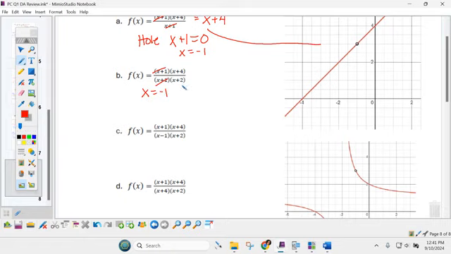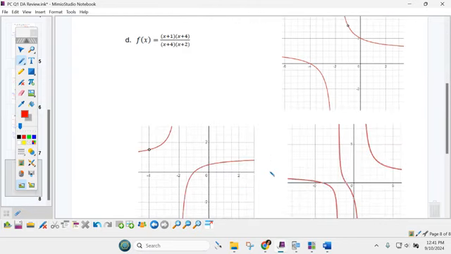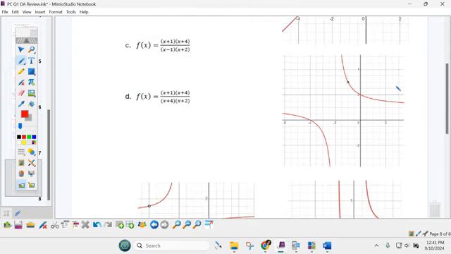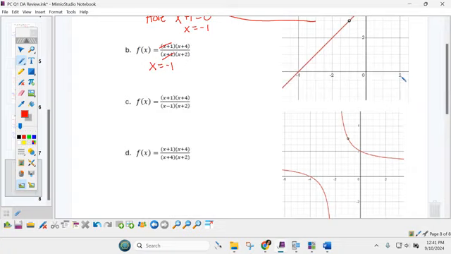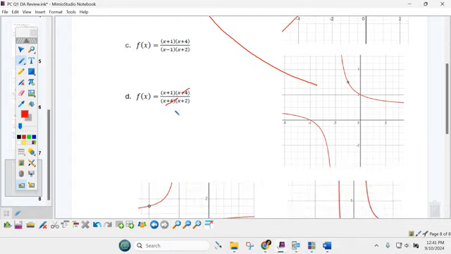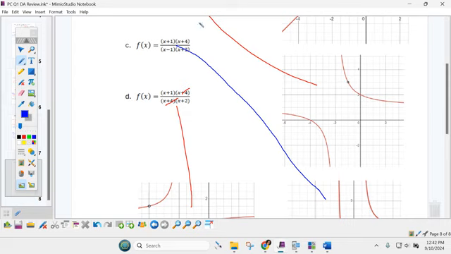But the remaining pieces make a rational graph. Let me zoom out a little bit. This hole's at -4, so that must be this one. Okay, so from these pieces, part D, this one has a hole where x is -4, so that's this graph. So by process of elimination, this one goes here.